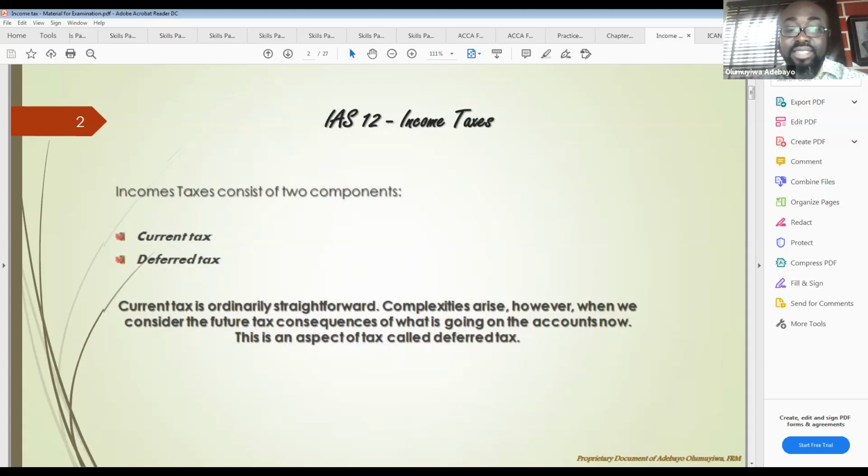Whereas taxes that are based on income, and income in this case, we are talking of profit, or simply put, net income, is what IAS 12 deals with. Which means IAS 12 is not talking about taxation in generality, but it's only talking about income taxes.